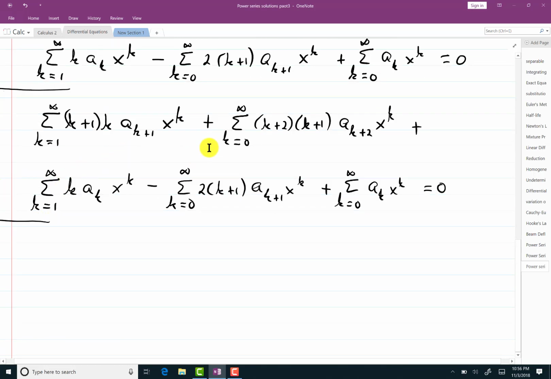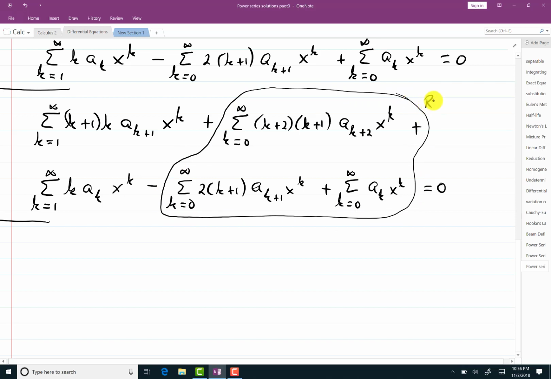Now, I have this series and this series all start at x to the 0, and this starts at x to the 1. I cannot back these up to start at x to the 0 because there is no x to the 0 for the first two terms. So what I'm going to do of these series now is release the first term. Then everything's going to start at k equal 1.